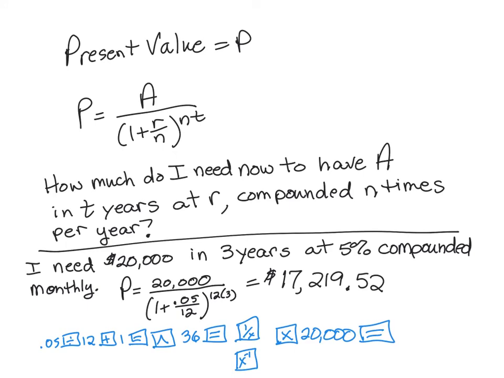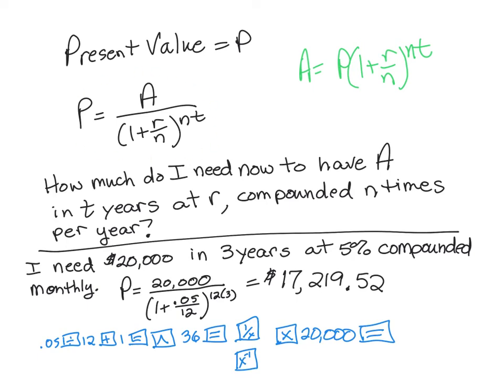Now, I don't usually ask any questions about this on the test, but it's good to know. Notice that I took the other formula, which was A equals P times parentheses R to the n-t. All I did was divide both sides by the parentheses to the power, and that gives me this.